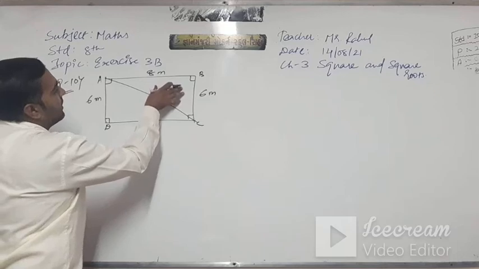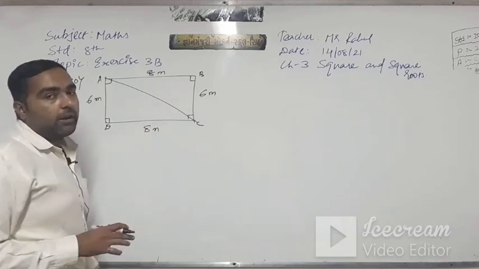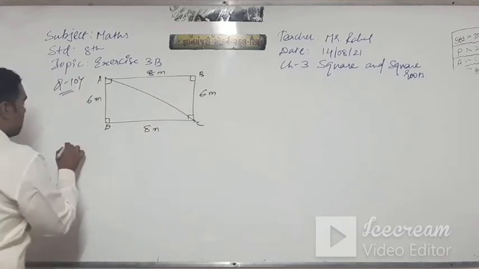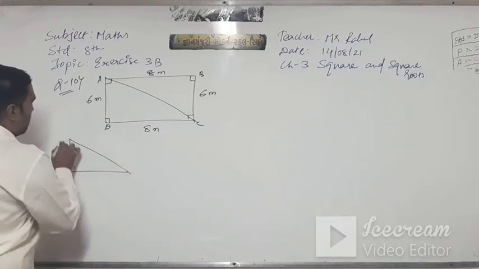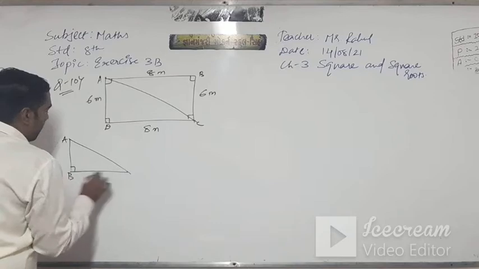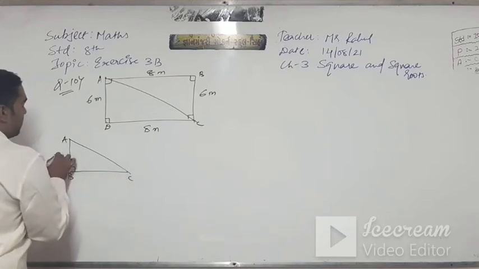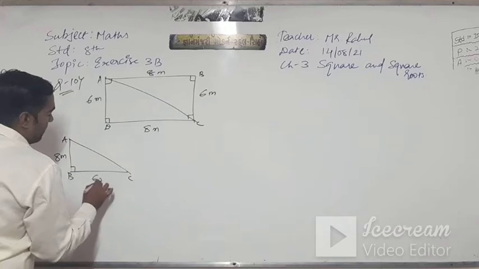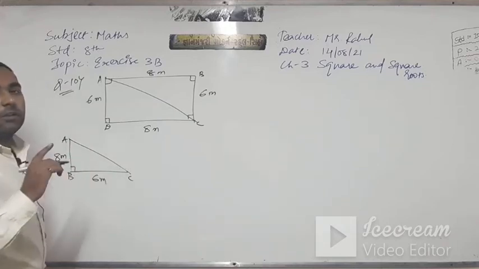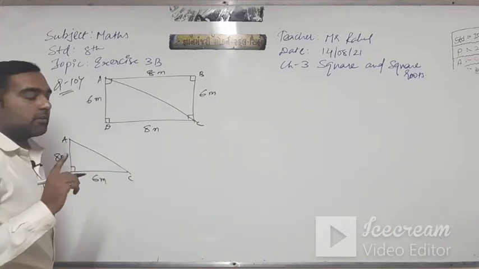In triangle ABC, a right angle at B is given. So here a right angle triangle is formed. Whenever a right angle triangle is formed, we must use the Pythagoras theorem.